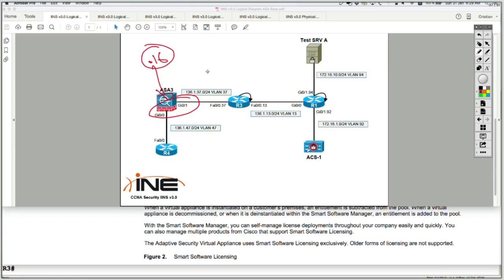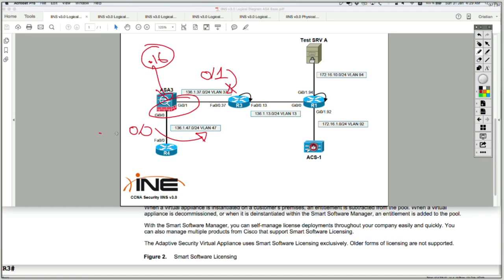Gig 0/1 is going to have an IP address from VLAN 37, and Gig 0/0 from VLAN 47. Not only are they different VLANs, but they're different IP subnets. So I'm going to have the last octet be .16, but from different IP subnets.